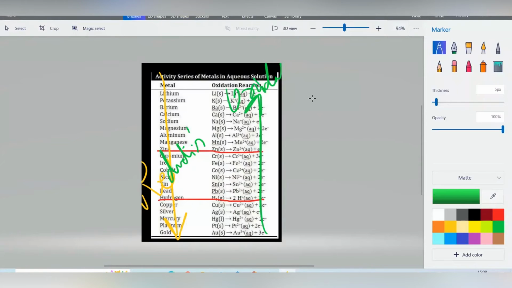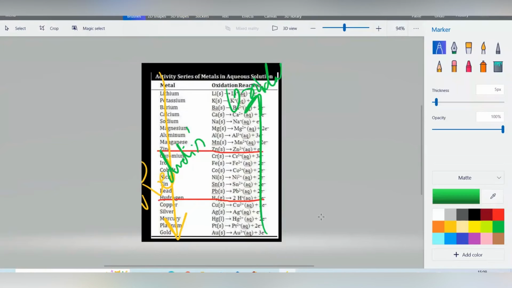If we're looking at oxidizing agents, could they replace each other as well? Yes, they can replace, but this time the lower one will replace the upper one. In the reducing agent, the upper one will replace the lower one. That's the only difference.